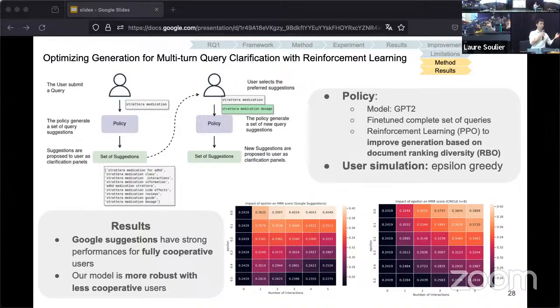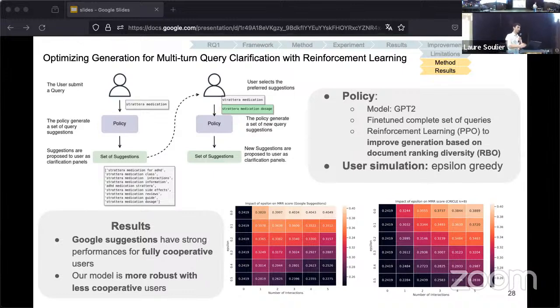So the first one, we use the diverse beam search, but it generates diversity in the selection of tokens. Here we wanted to have diversity on the rankings. So we wanted to see the different rankings across different generated queries.